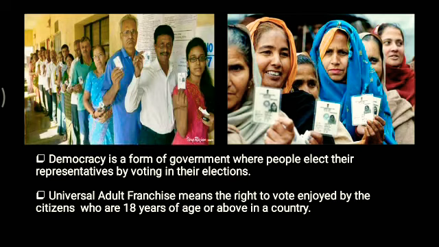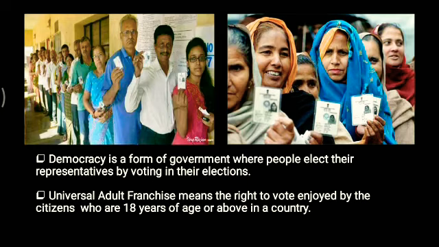However, a government cannot call itself a democracy if it does not provide the right to vote to all the citizens who are 18 years of age or above in the country. Understood? This right to vote that all adult citizens of a country hold is called the universal adult franchise. So in one sentence, universal adult franchise means the right to vote enjoyed by the citizens who are 18 years of age or above in a country.